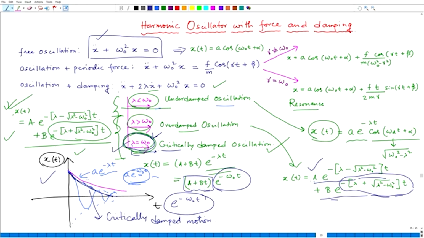So this is the competition between lambda and omega 0. Now you have to understand the medium properly and, using your knowledge, estimate a value for the damping coefficient of the medium, and then tune the oscillator so that its omega 0 is exactly equal to lambda.